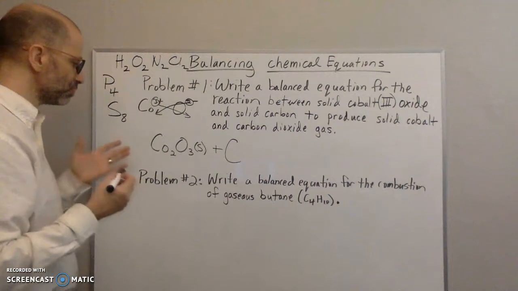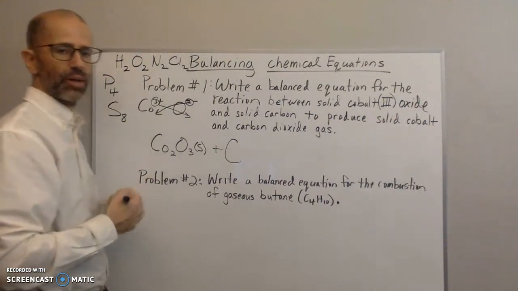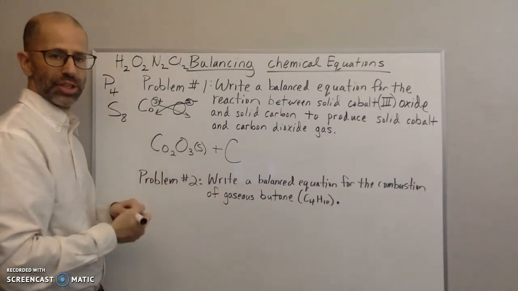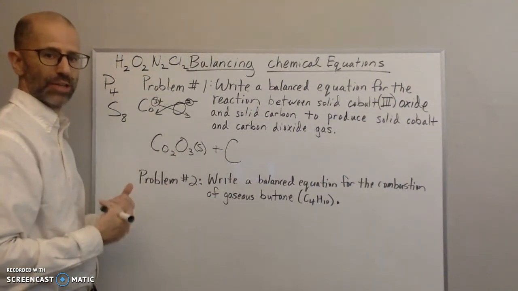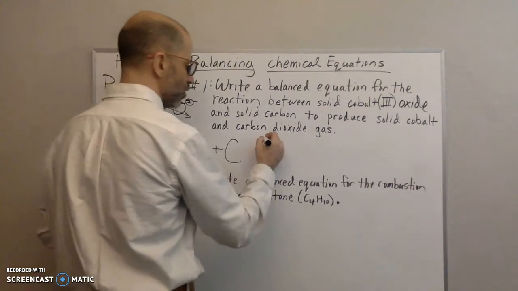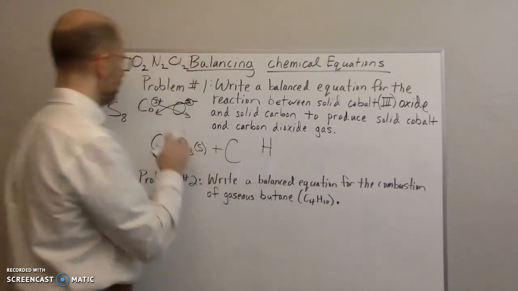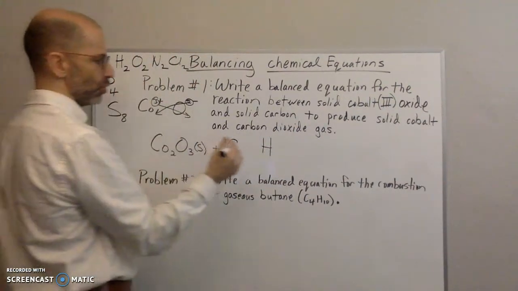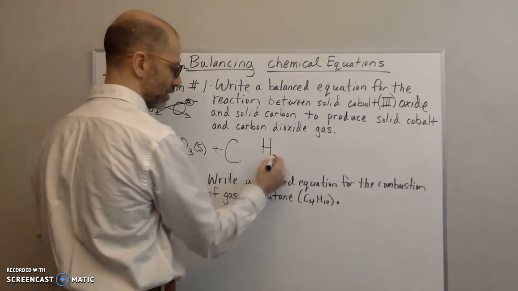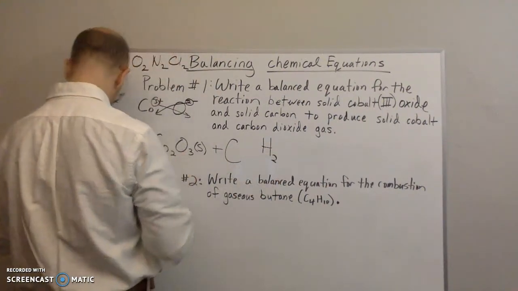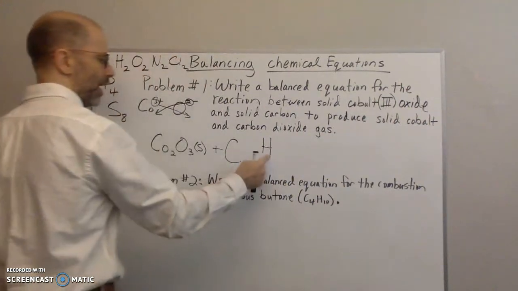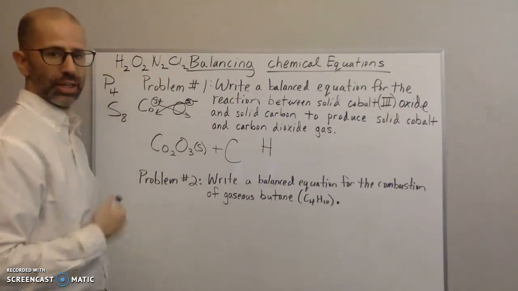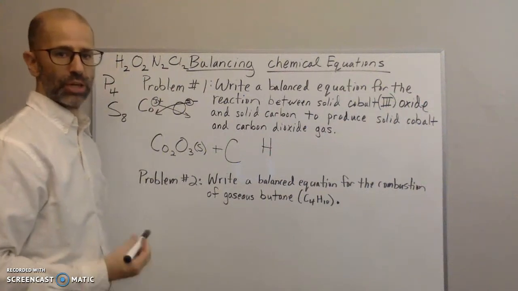You need to know what the molecular elements are. For example, if you're given that you produce hydrogen as a product, or if you're using hydrogen as a reactant, you need to know that hydrogen is a diatomic molecule, so it's not going to exist by itself. It's going to exist as H2. If you only write down H in your equation and then you start balancing, you're going to be wrong.